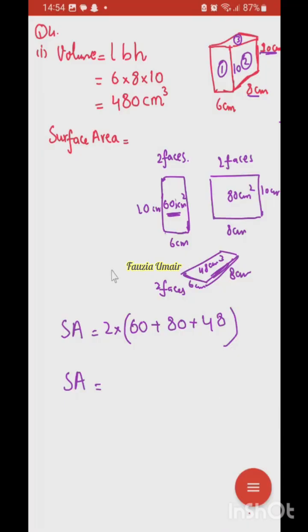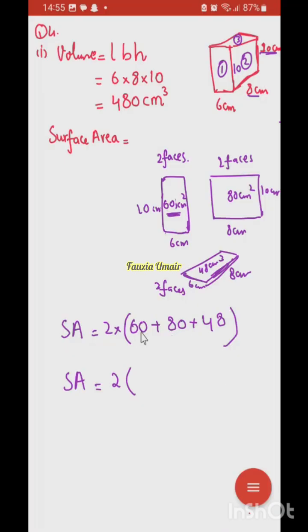So right now I have made the faces, और आपको समझाने के लिए मैंने ऐसे किया है। लेकिन एक्चुअली हम क्या लिखेंगे? सरफेस एरिया ऑफ दिस प्लस दिस, हम अपनी सरफेस एरिया का फॉर्मूला ऐसे लिखते हैं। ठीक है। सो नाउ व्हाट इज द इनसाइड सम? 60 + 80 कितना होता है?